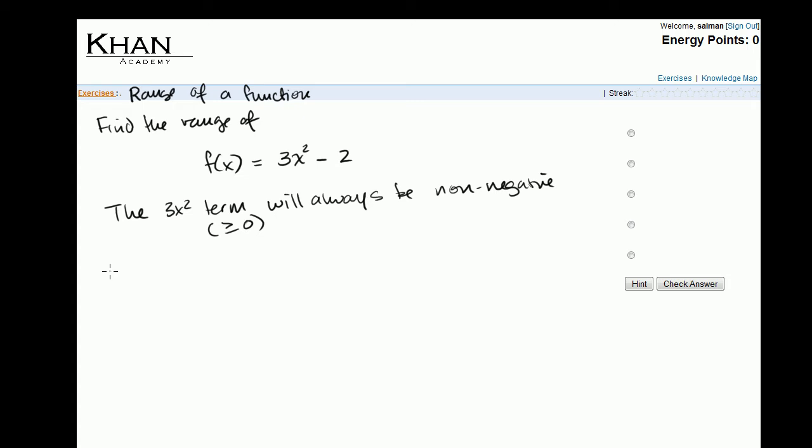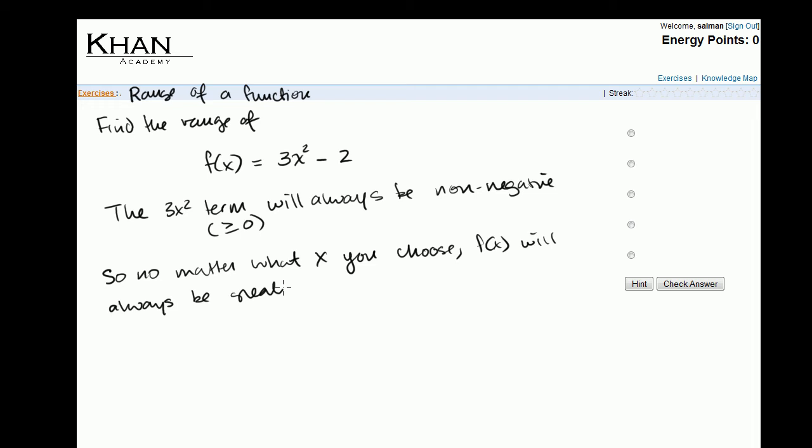And then you could say, so no matter what x you choose, f of x will always be greater than negative 2, which is the leftover term.